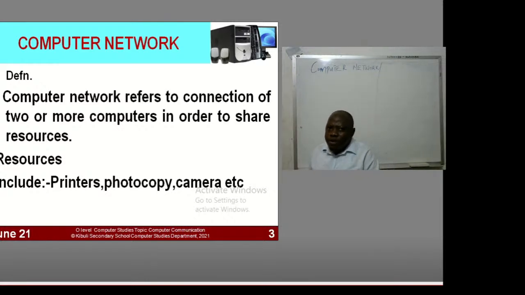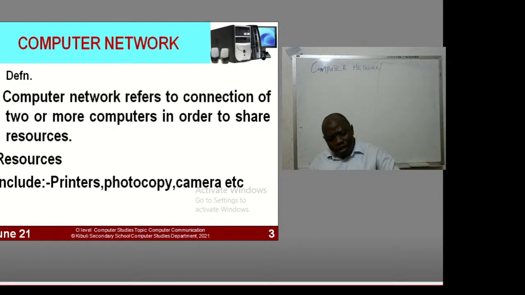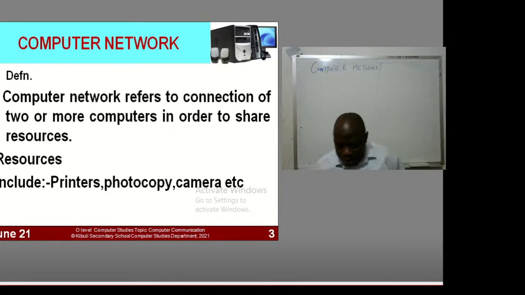Why do we share resources? We shall look at that. What is the reason for sharing resources? Which will come in. The different resources we are talking about can be a photocopier, a camera, a phone, whatever. We are connecting them together in order to share the resources.